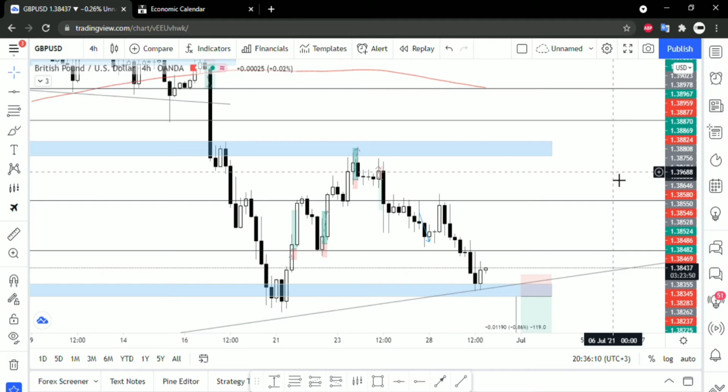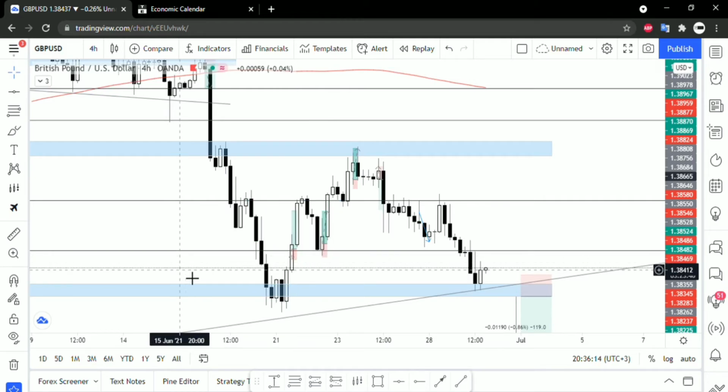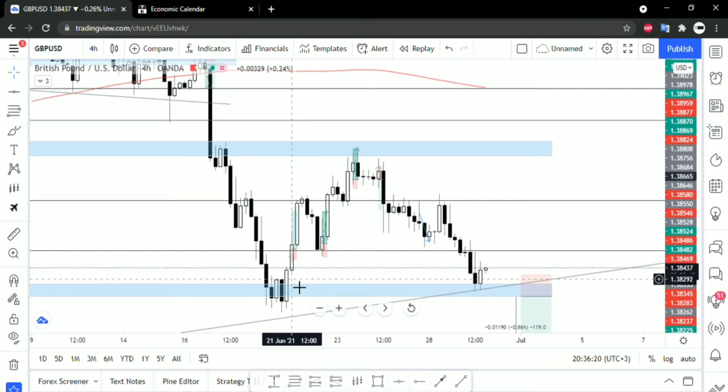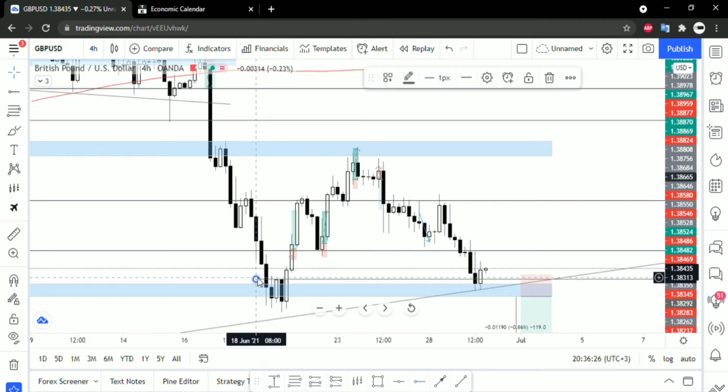We are looking at GBP USD, and on our previous episode we were looking at the market while it was around this place here. We had predicted that once it broke this neckline, let me just draw it here, it would rally to the upside, and it actually did that.